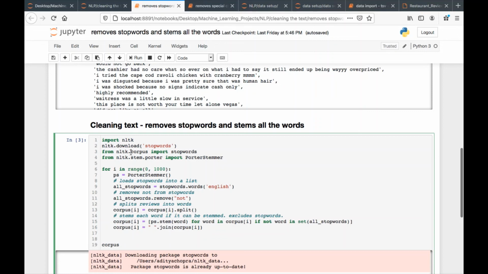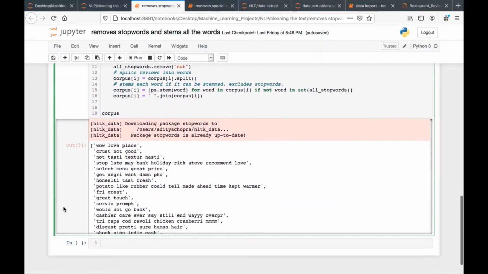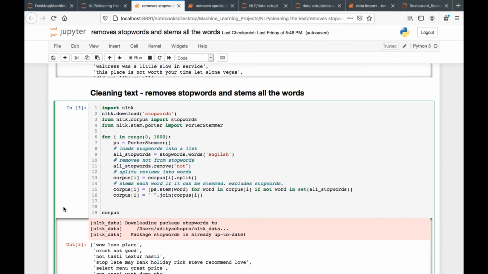So we don't want duplicate entries for these three words. We want all these three words to be converted to the same root form, enjoy. So we stem it, and then again we join all these words back together to form a sentence. So this completes the cleaning part of the sentiment analysis project.